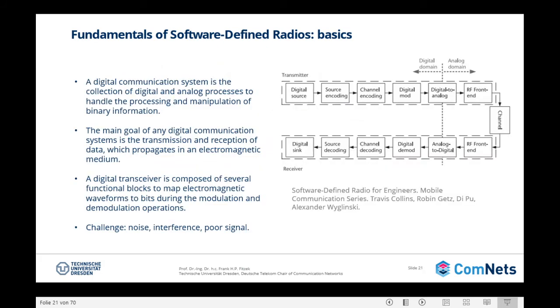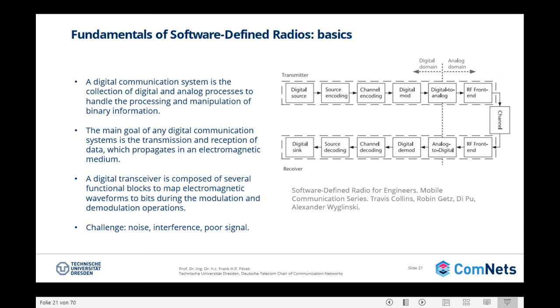Here we have the same graphic that we just presented. A digital communication system is the collection of digital and analog processes to handle the processing and manipulation of binary information.